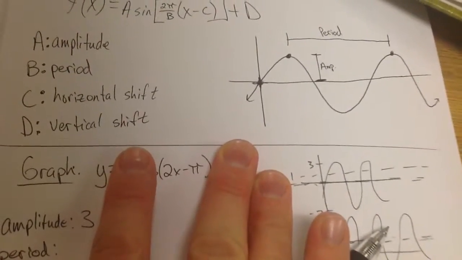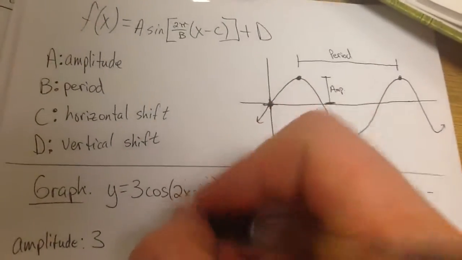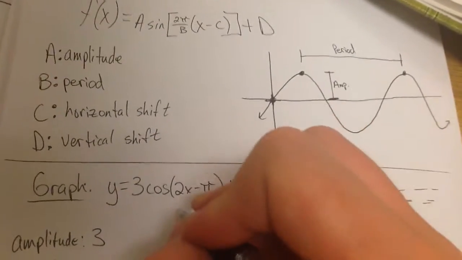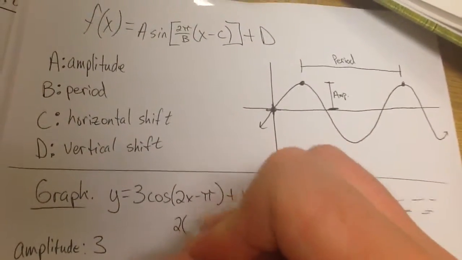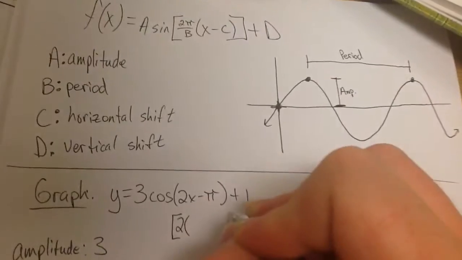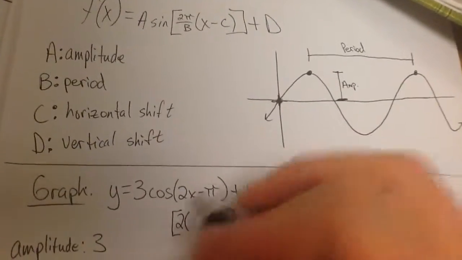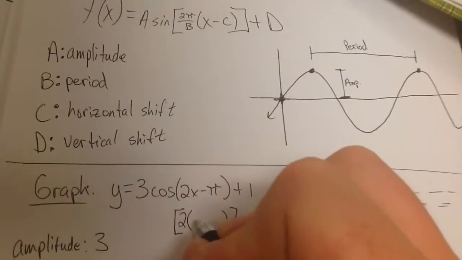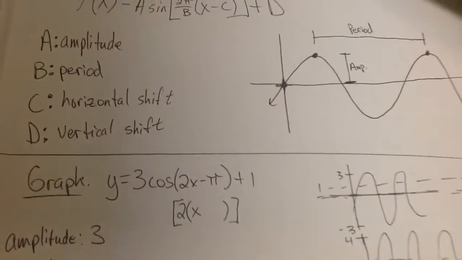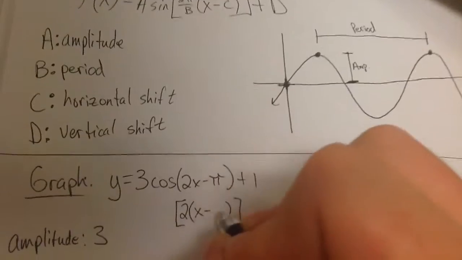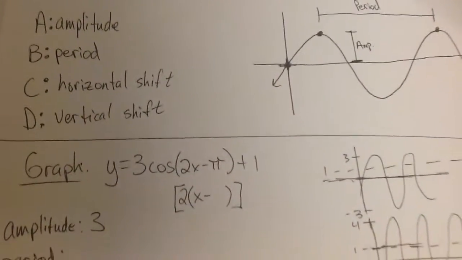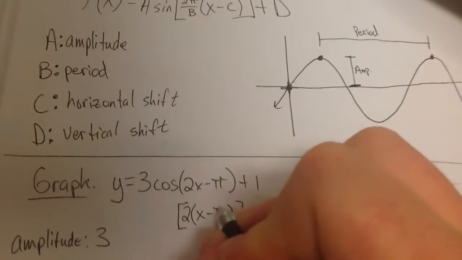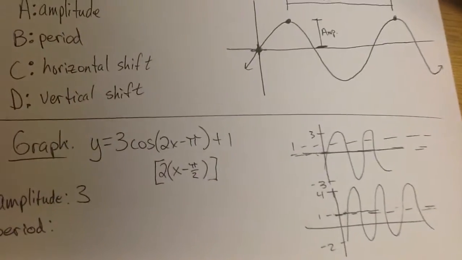If I take a 2 out of 2x, what's left? 2 times what gives me 2x? Just x. Minus 2 times what gives me pi? Don't think too hard. It's pi over 2. And then the rest of the stuff's this.